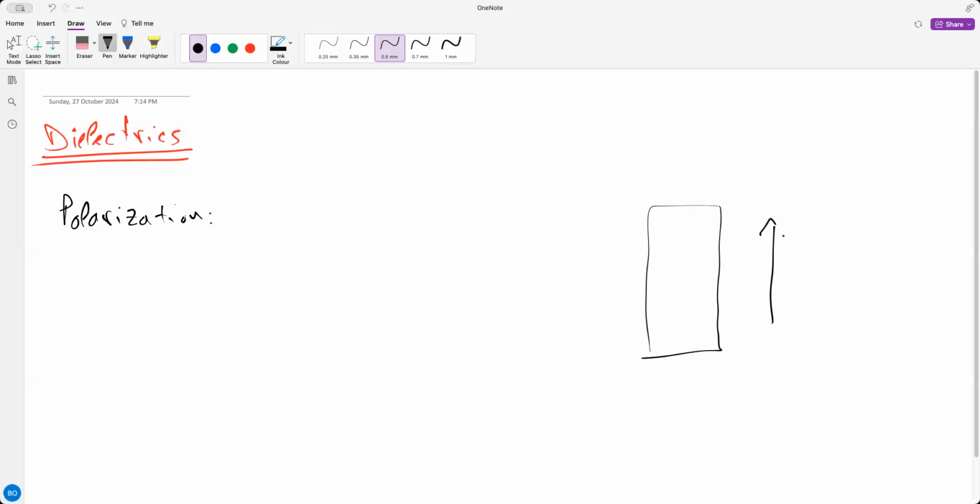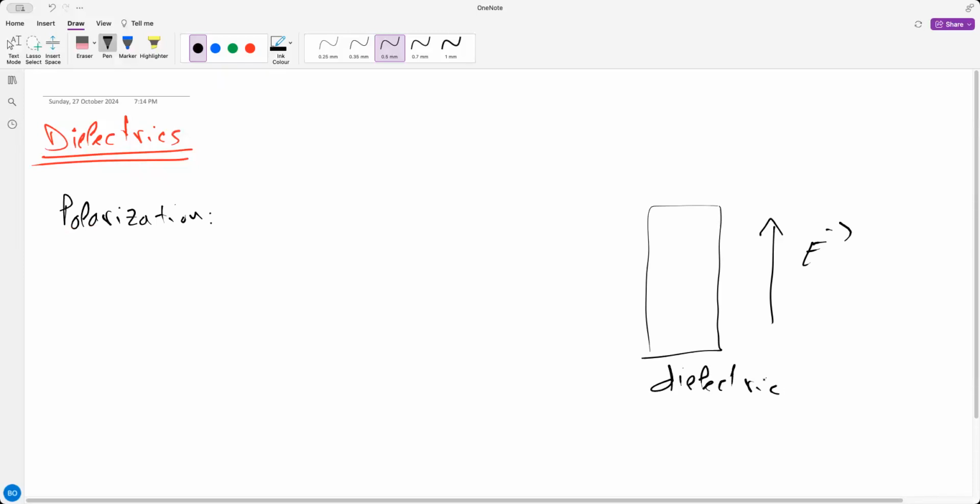However, if I apply a potential difference, the positive charges will move to this side and the negative charges will move to this side. This means I have now introduced an internal electric field. Remember, the electric field goes from the largest potential to the smallest potential. So this is called the polarization electric field.